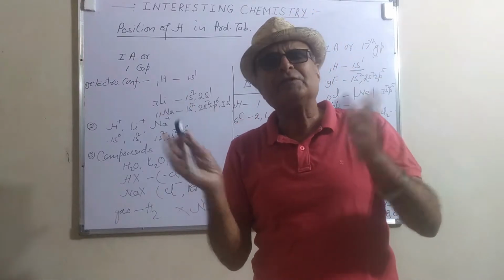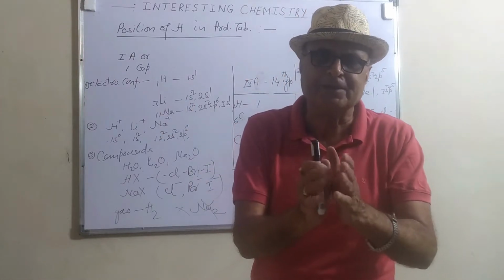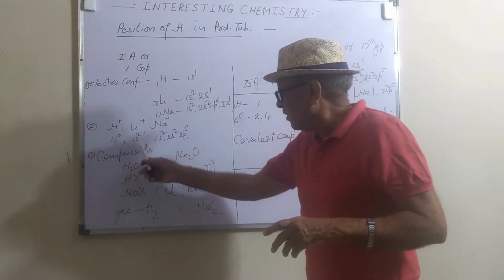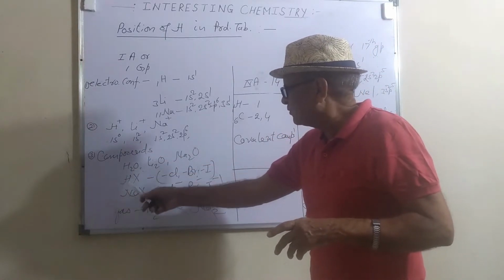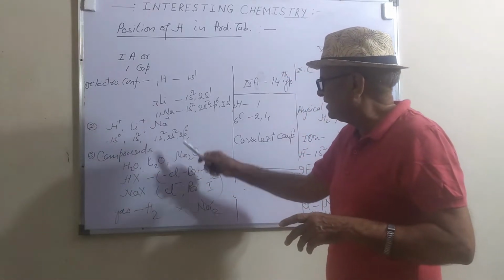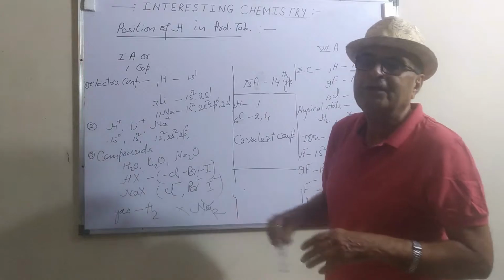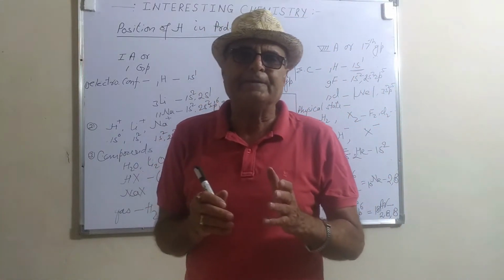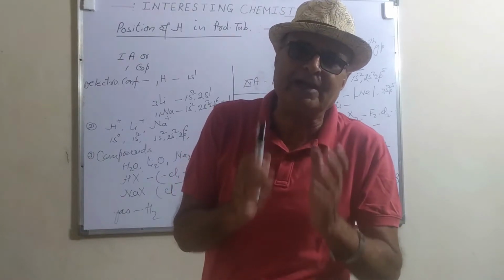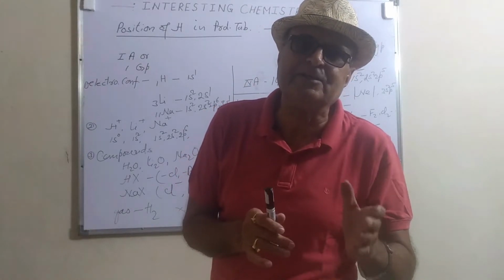The properties of these compounds may be different, but in the molecular formula the compounds are similar: HX and NaX, Li2O. In this way, you can justify the position of hydrogen with alkali metals.